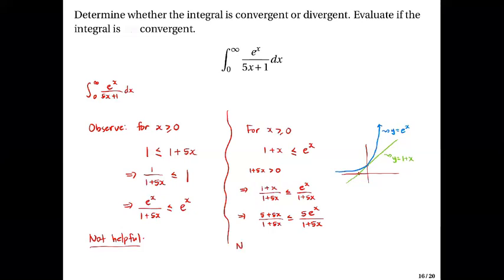Now, we get the integral from 0 to plus infinity of 5 plus 5x over 1 plus 5x dx. Let me adjust all of this.